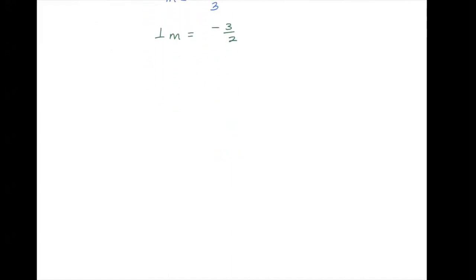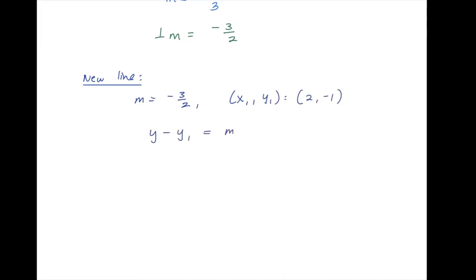So here for our line, for the new line that we need, the slope is going to be negative 3/2. And the x1, y1 we're going to use is 2, negative 1. So y minus y1 is equal to m times x minus x1.